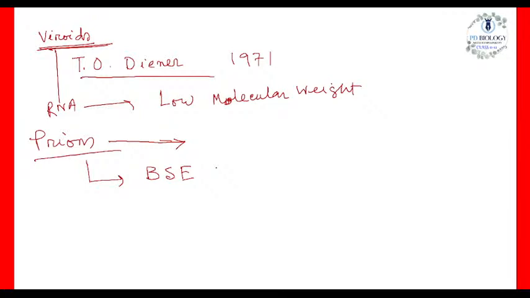Bovine spongiform encephalopathy, commonly called mad cow disease. Another disease is CJD, Creutzfeldt-Jakob disease, which is the human disease.